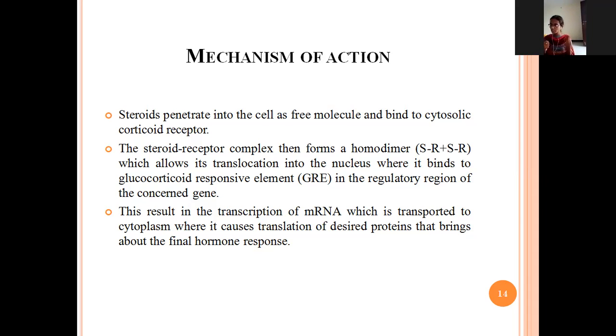This results in the transcription of the mRNA, which is transported to the cytoplasm, where it causes translation of the desired proteins that bring the final hormone response.